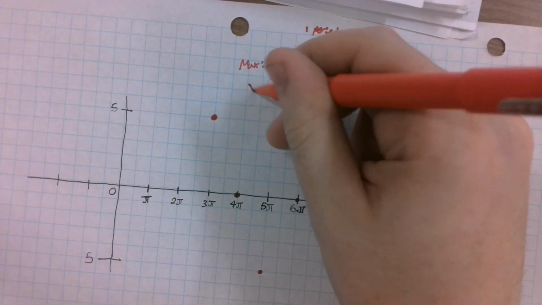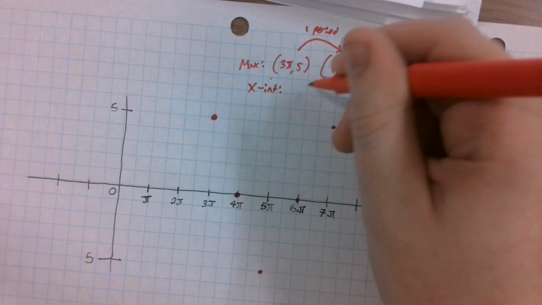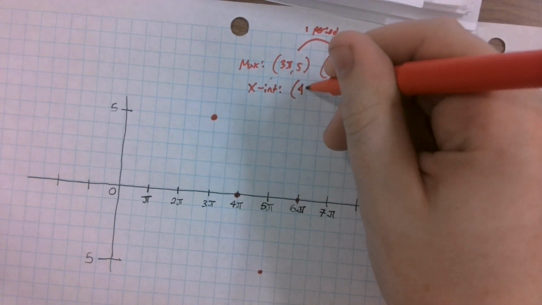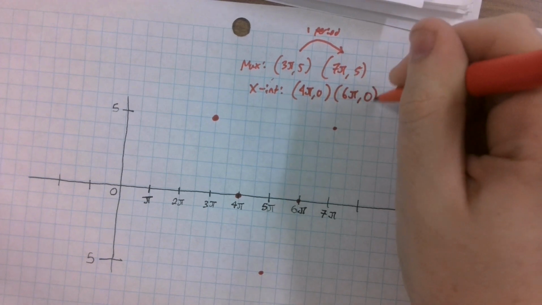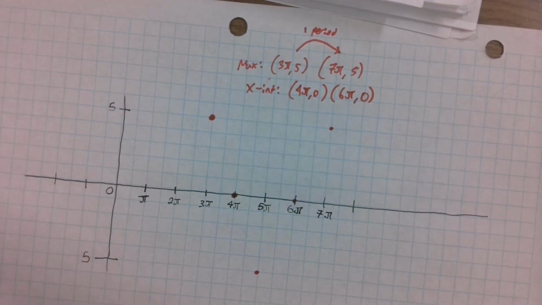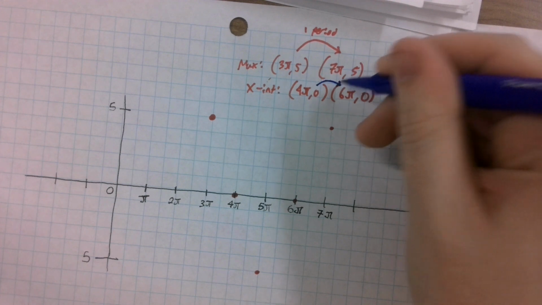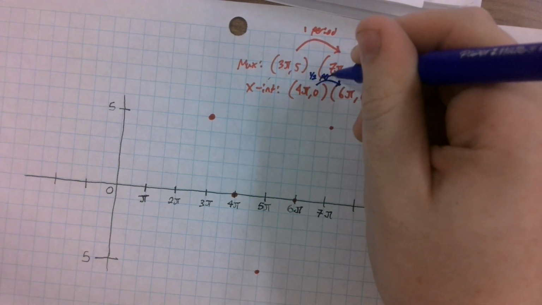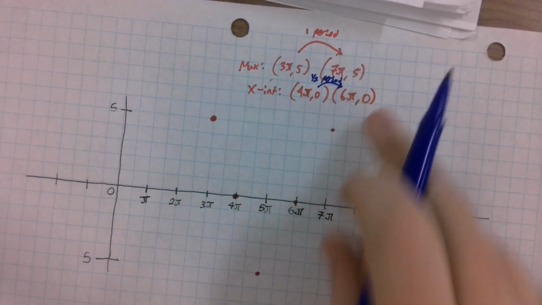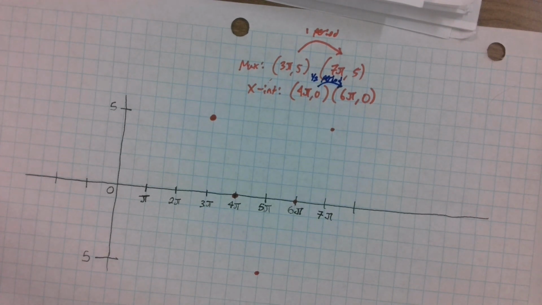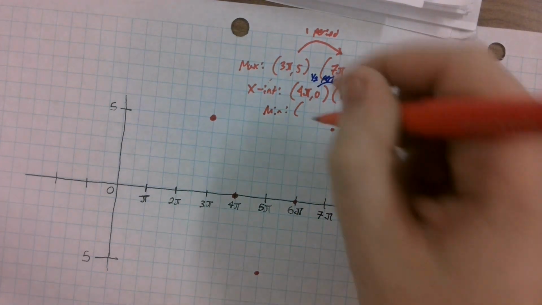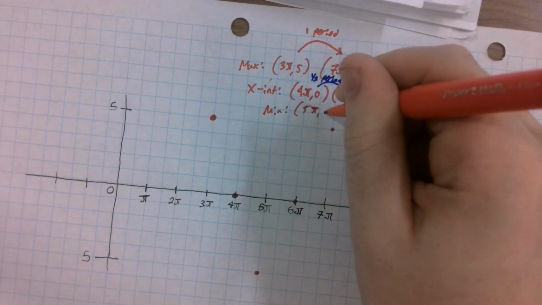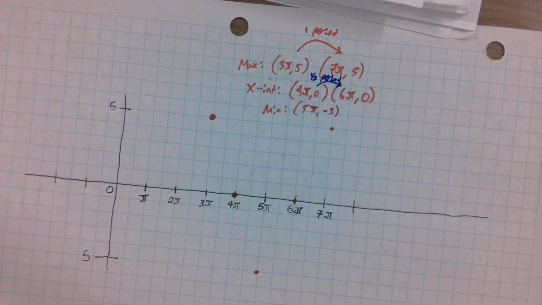We have two x-intercepts at (4 pi, 0) and at (6 pi, 0). Recall that these are going to be half a period away. 1/2 period. So our period is 4 pi, these are 2 pi away. And last but not least, we have a minimum. It seems at (5 pi, -5).